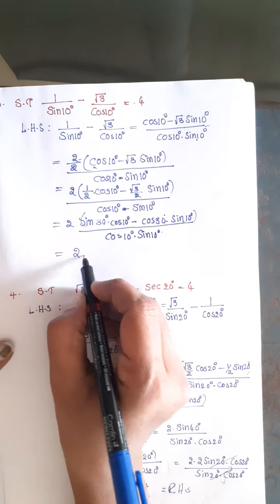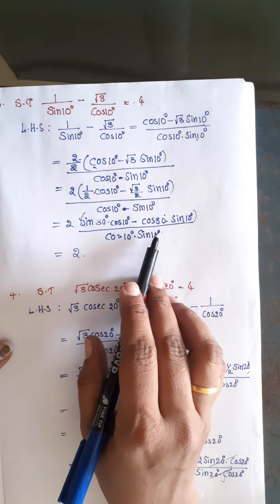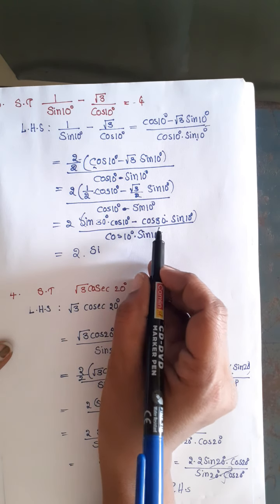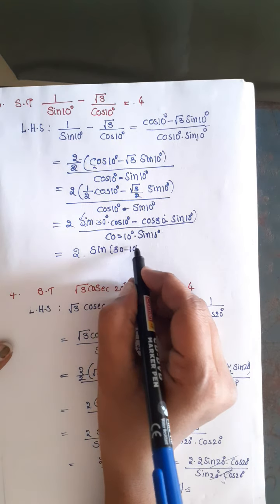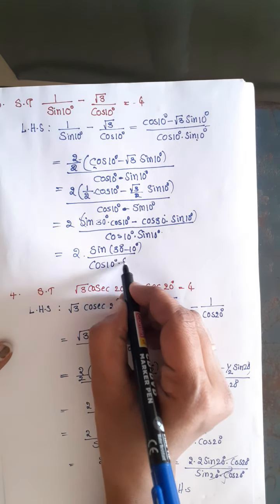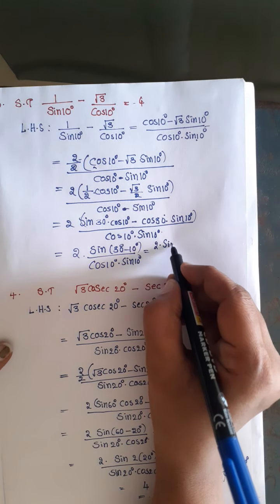Here you observe, what is the formula here? Sin A minus B, right? This is sin A cos B minus cos A sin B. Sin A minus B means sin 30 minus 10 by cos 10 degrees into sin 10 degrees. We have 2 into sin 20.